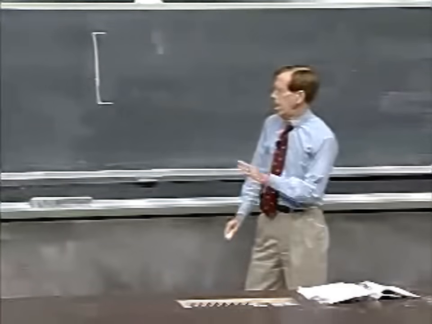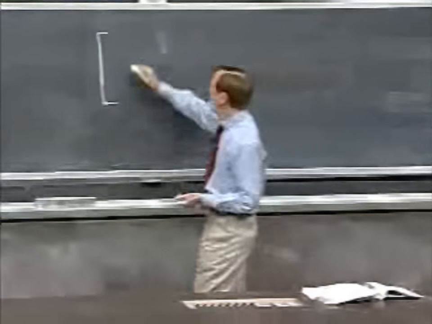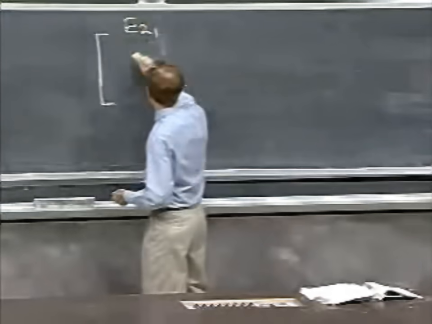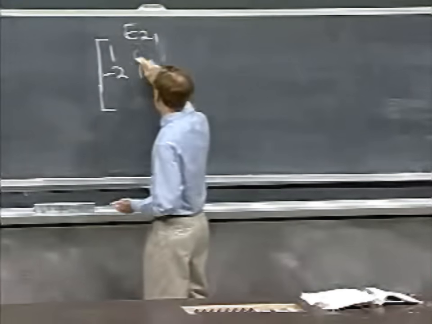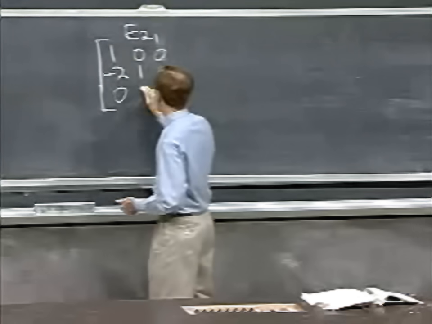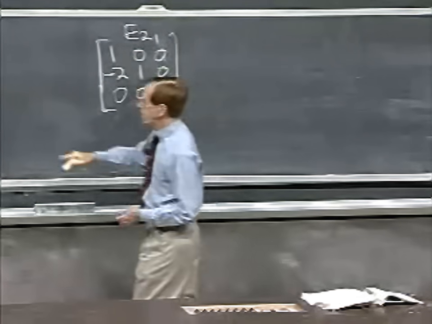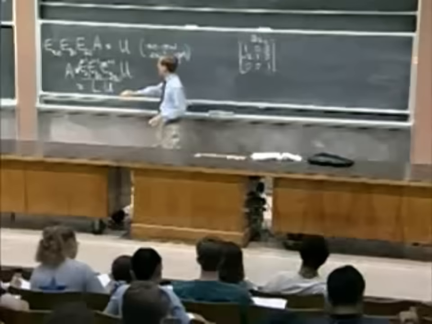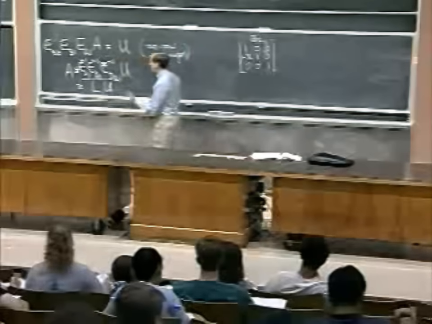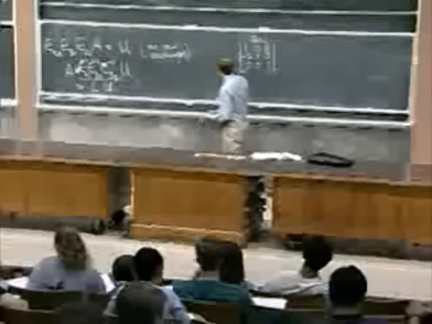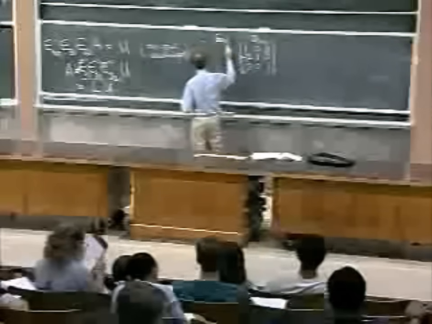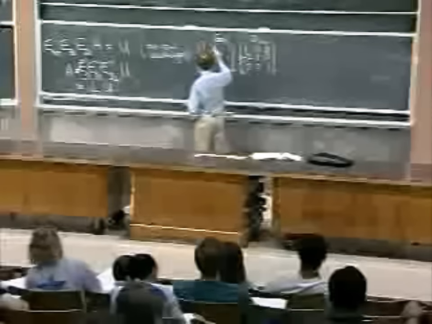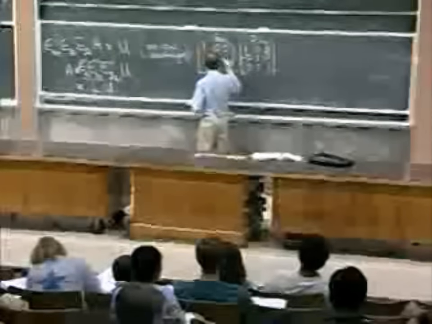Suppose E21 has a -2 in there. And now suppose, I'll even suppose E31 is the identity. So I'm going to make the point with just a couple of these. Okay, now this one will do something.